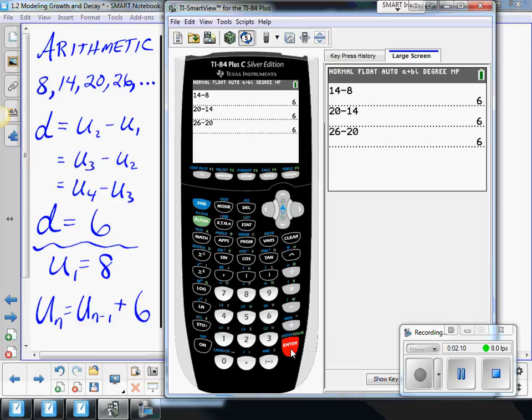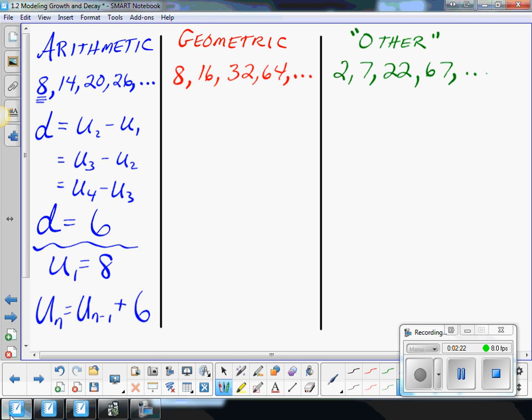Notice I used U1 because I see a list of numbers, this being the first one, U1. Next, let's go to the middle one, geometric, and for that, we're not looking for a common difference, we're looking for a common ratio.